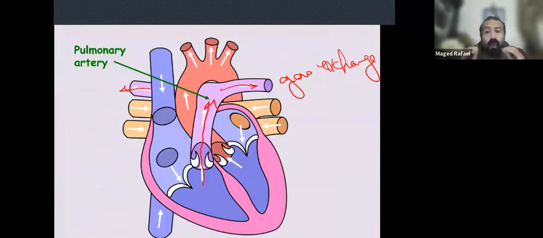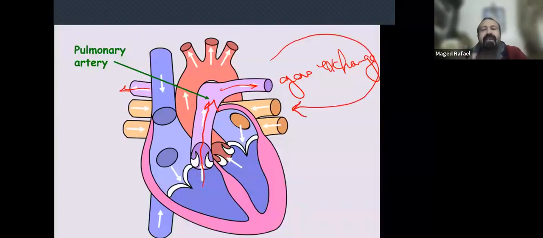So until this point, we have deoxygenated blood in the lungs. We have the gas exchange process and the blood will come back to the heart. That's why it was mentioned that we have double circulation, because the blood goes back to the heart again, not to the body, through the veins called pulmonary veins.